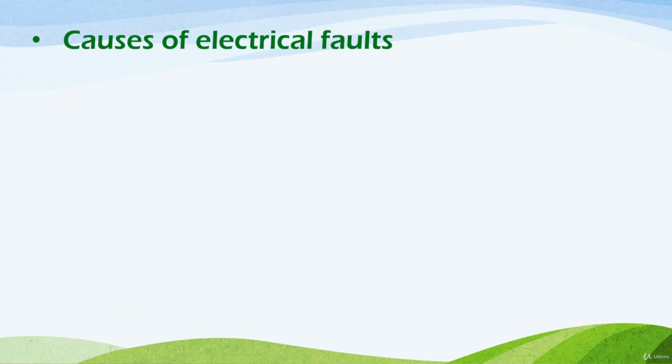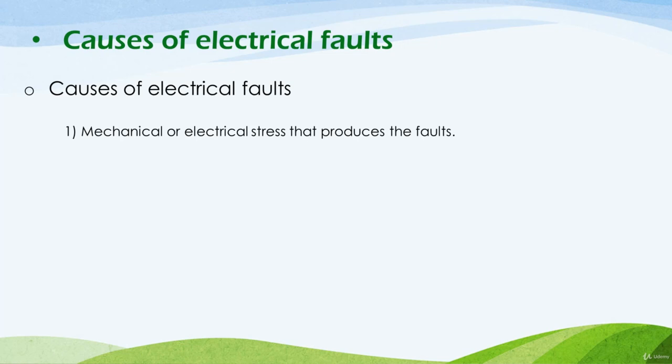Now let's see what the reasons are that produce electrical faults. Here the first reason is mechanical or electrical stresses. So if an electrical element is subjected to an electrical stress, like an increase in the value of the current, this may produce an electrical fault as we said. Those stresses may also be mechanical stresses, not only electrical stresses.